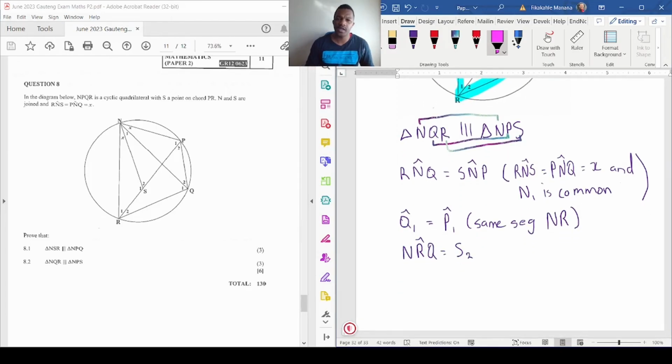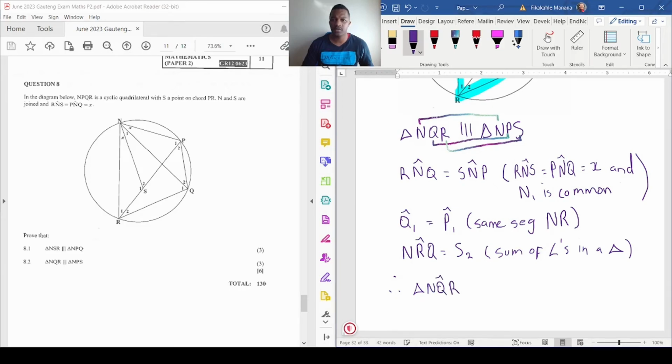There are two ways you can say it: either third angle, or sum of angles in a triangle. Okay, it's good enough. Therefore, we've proved all angles congruent. Therefore, we can rewrite the statement that we were given.